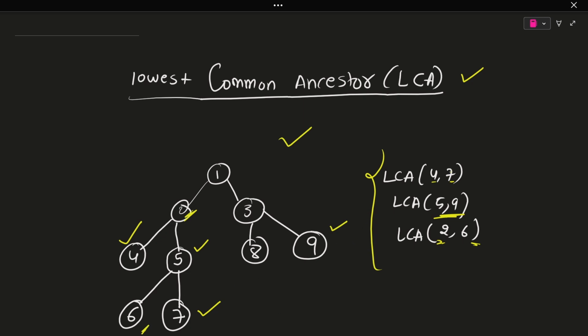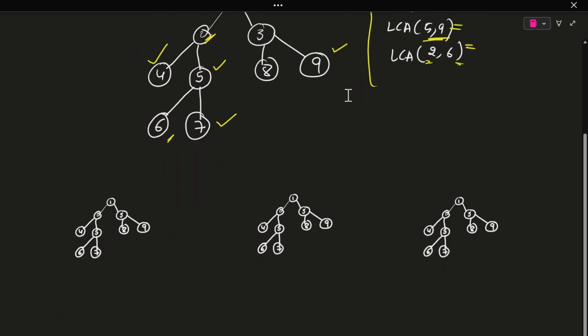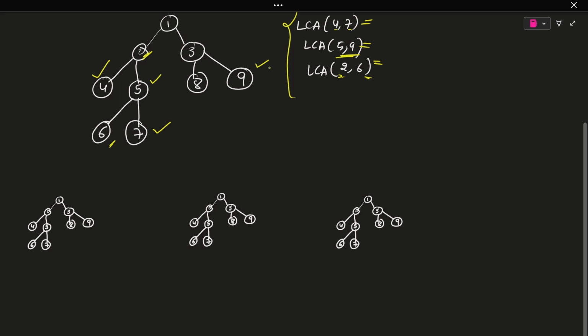So let us find the actual values one by one, so that you can get more clarity on what LCA is. The name itself suggests lowest common ancestor. Let us find these three values. First one is 4, 7. The 4 you can see here and 7 you can see here. The ancestors of 4, up to the root, and this is the root.